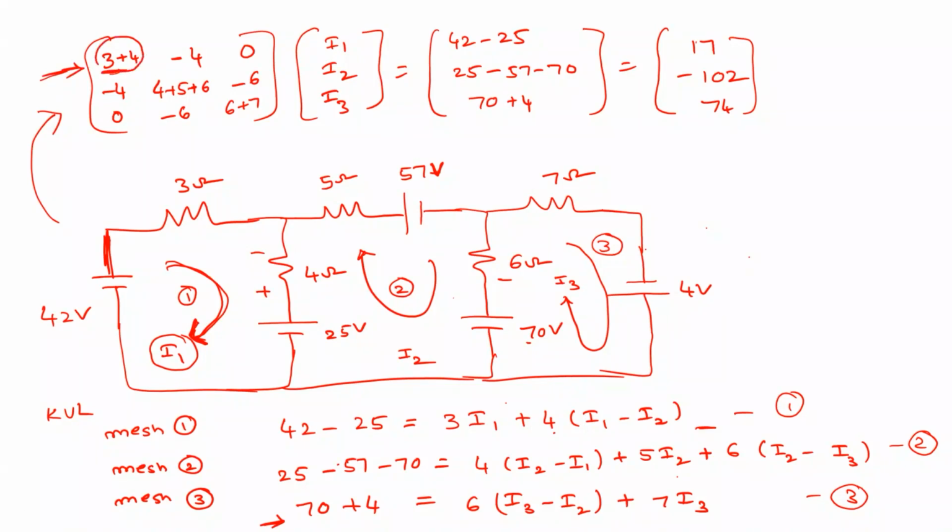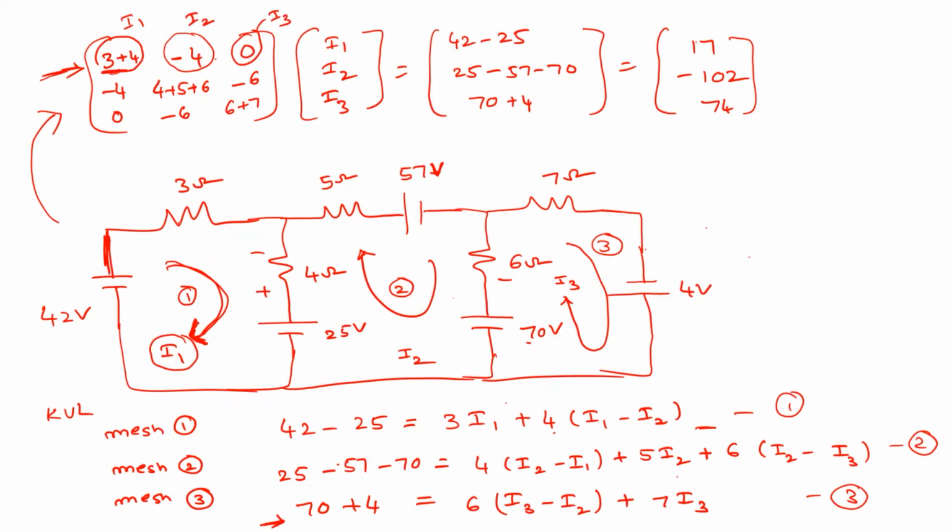Agree? Yes, sir. And this one is I2 in the first mesh. This is responsible for I1, this is responsible for I2, and this is for I3. Agree? Yes, sir.